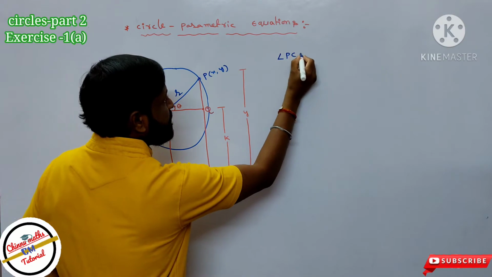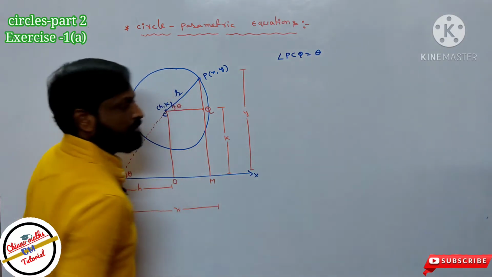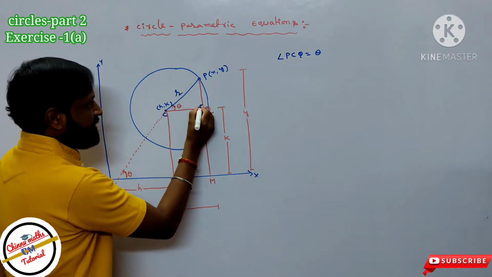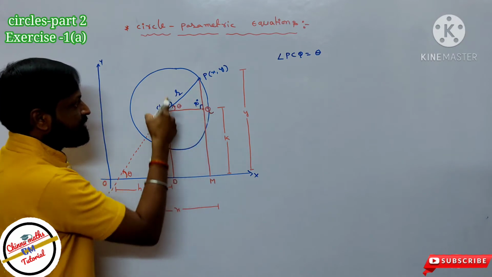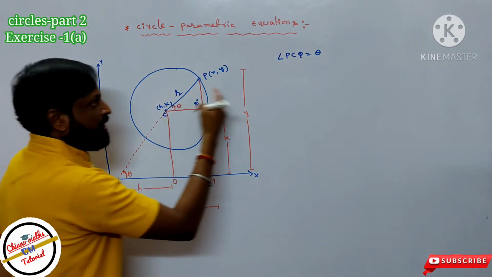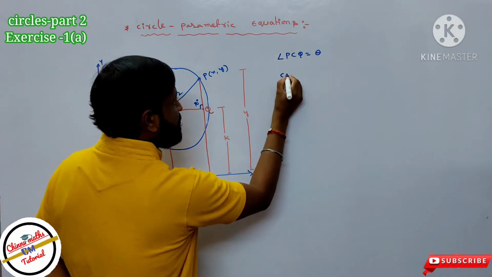See here, for this diagram you can write angle PCQ equal to theta. According to this triangle, this is 90 degrees, this is the hypotenuse, this is the opposite side, this is the adjacent side. According to the triangle PCQ, write the cos theta value.